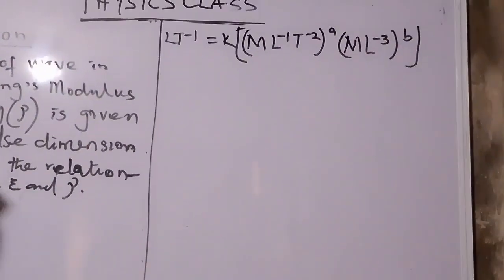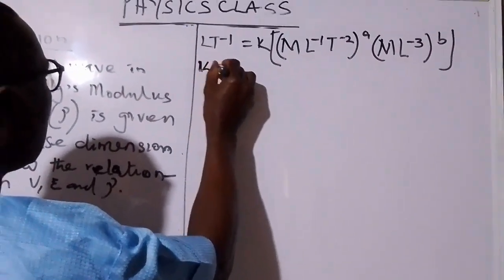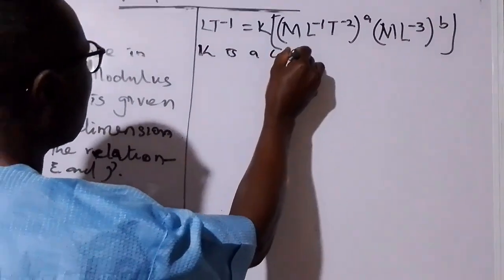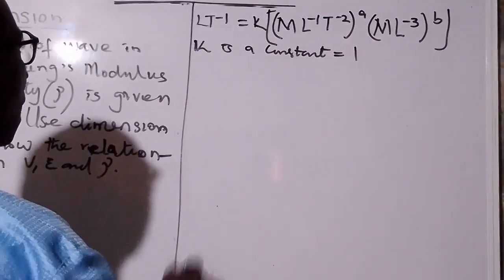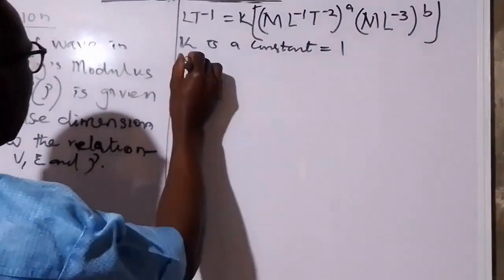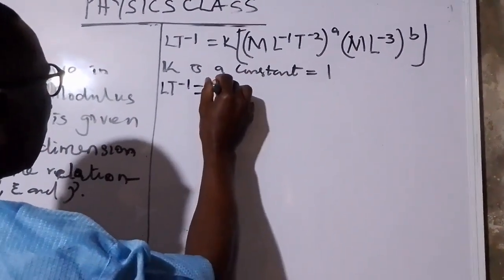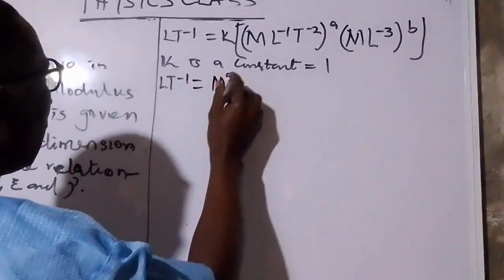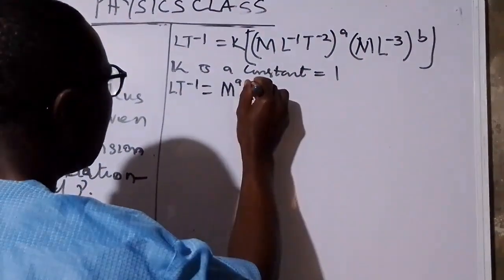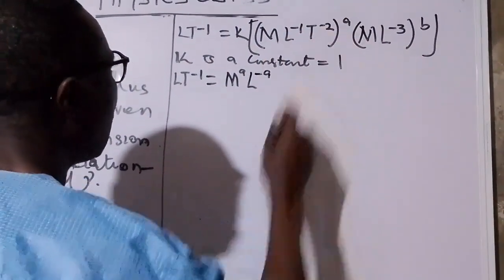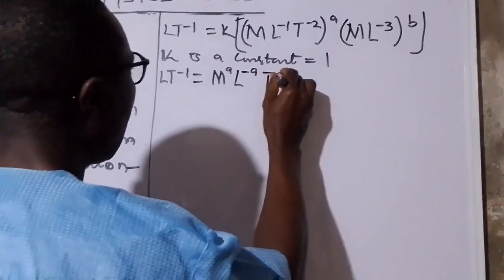Now, we say, let K be a constant. K is a constant. Let's say it's equal to 1. Now, we are going to have LT^-1 will be equal to, open the bracket now, that's M raised to power A, L raised to power minus A, because minus 1 multiplied by A is minus A. Then T raised to power minus 2A.